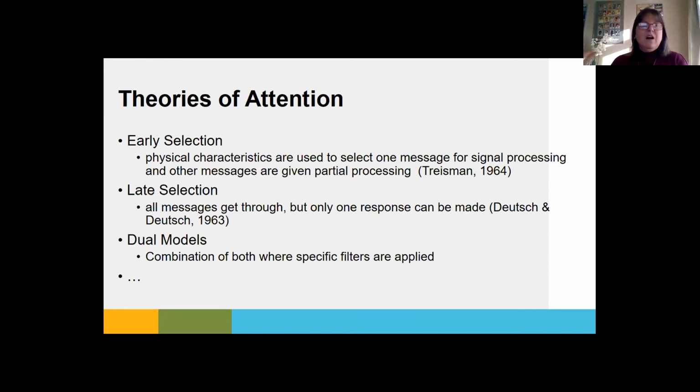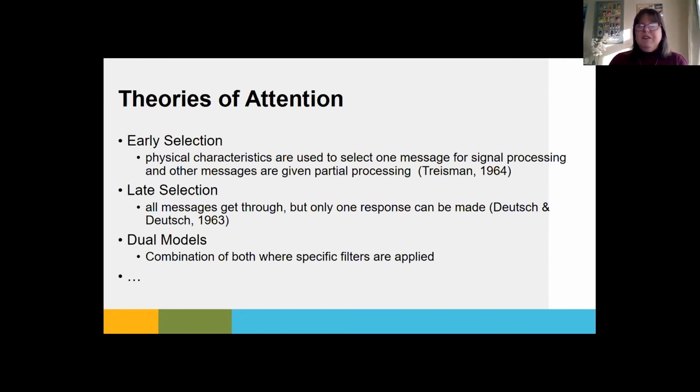So how does this cocktail party effect, when we hear our name across the room, how does that work in that particular case? You have theories then that say, well, actually, no, you don't make the selection straight away. You take in all of the messages into your short-term memory, and then based on a particular piece that's of interest to you, you make one response.